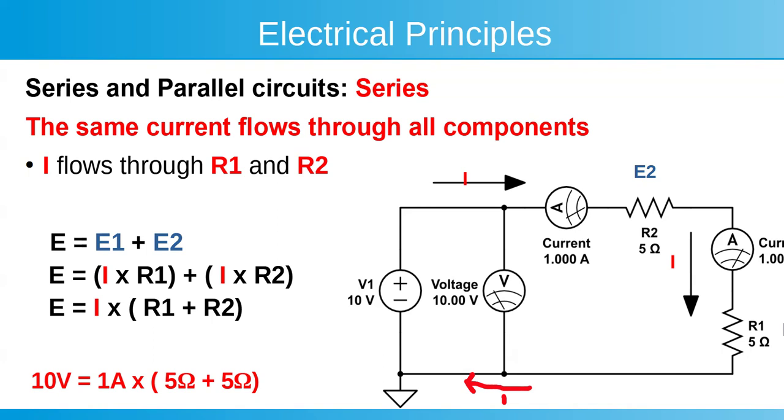If we calculate each one based on the current measurement, we got a 5 ohm resistor with 1 amp flowing, which would be how many volts? 5 volts, right? And the other 5 ohm resistor with 1 amp flowing is 5 volts. 5 and 5 is 10. They add up. Life is good. And Kirchhoff's law applies.